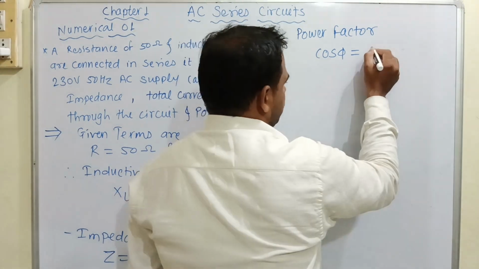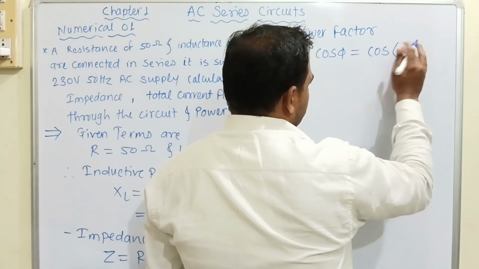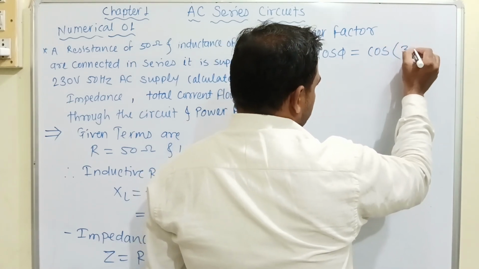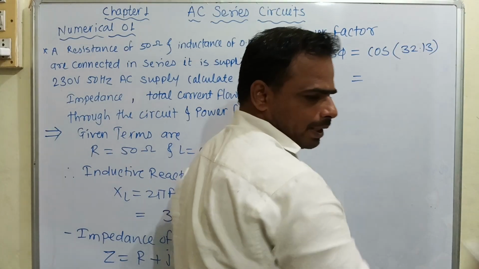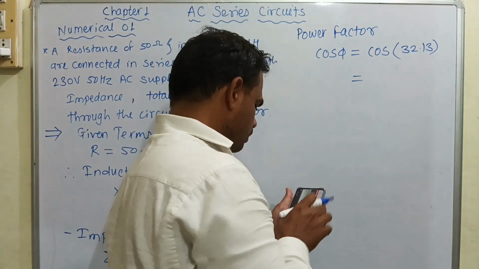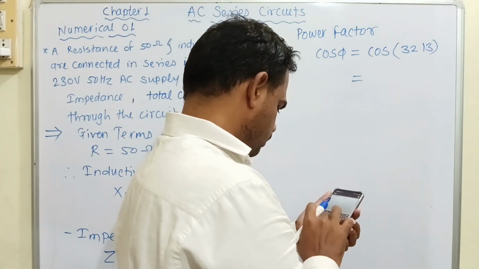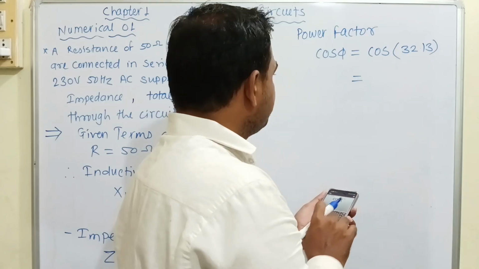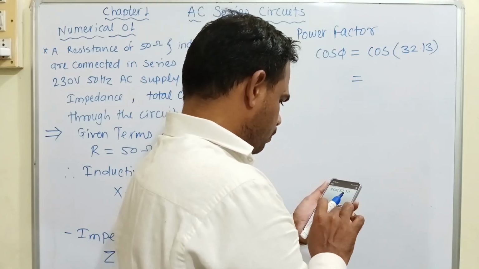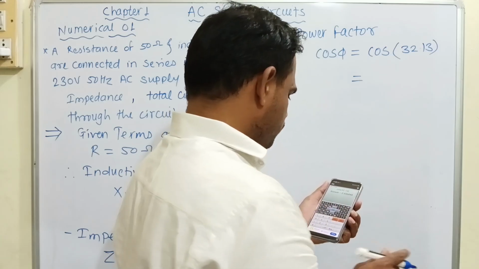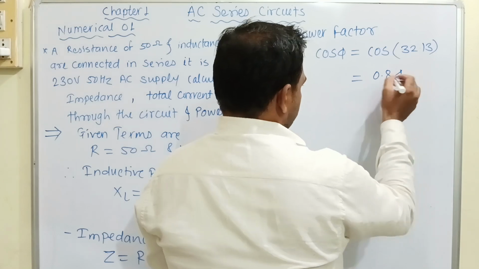By putting the value of phi as 32.13, we get cos 32.13, and the answer is 0.84.